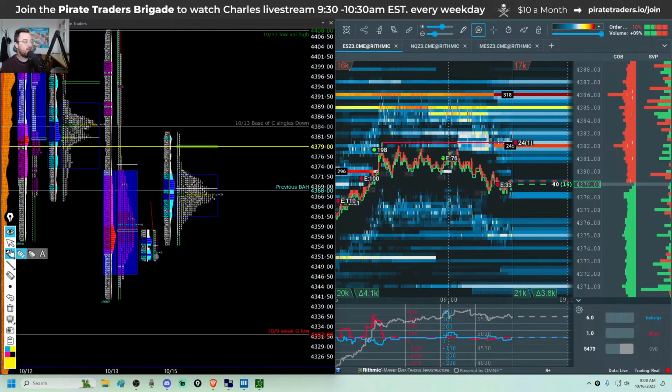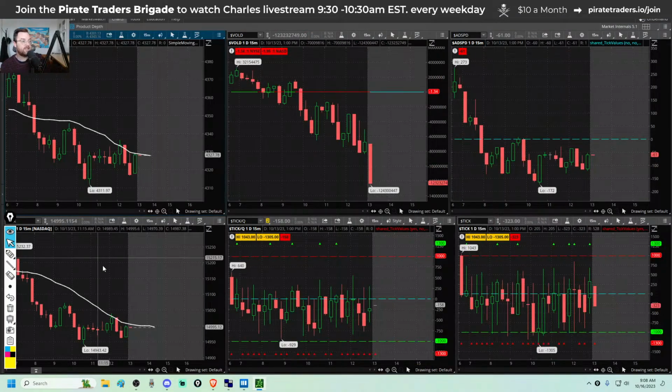And then lastly, we look at the internals, which are in the background here. I will pop these up from time to time. In the middle, up here, top middle, we have the breadth, the VOLD. Then we have on the right the AD-SPD, or the advancers versus decliners for the S&P 500.